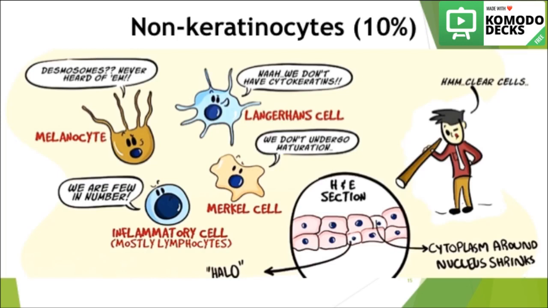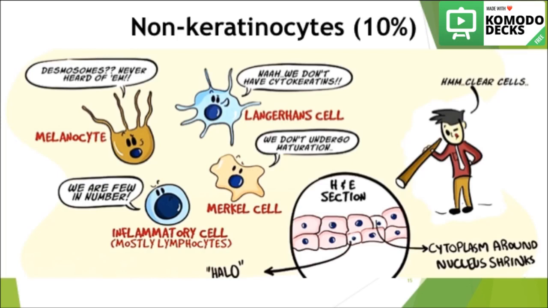The non-keratinocytes compose 10% of the cells of the epithelium. They are very few in number. We don't see any cytokeratins, any desmosomes, and they don't undergo maturation.